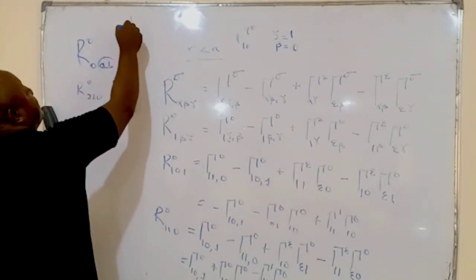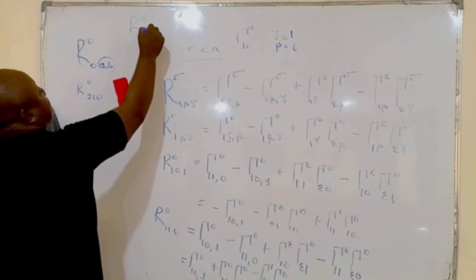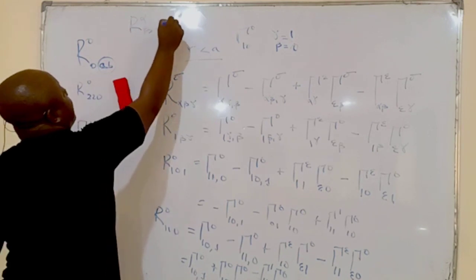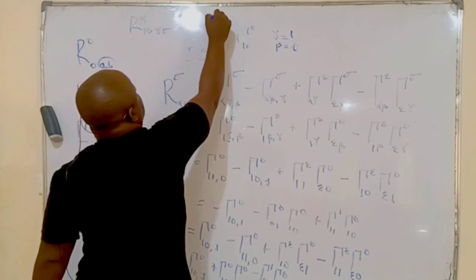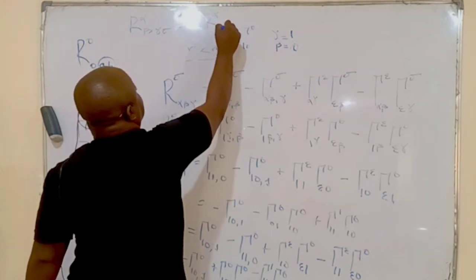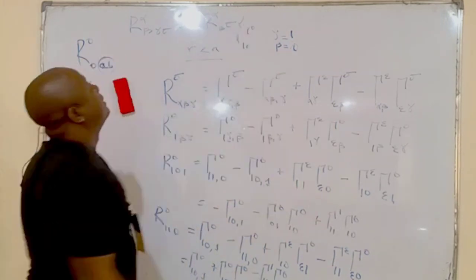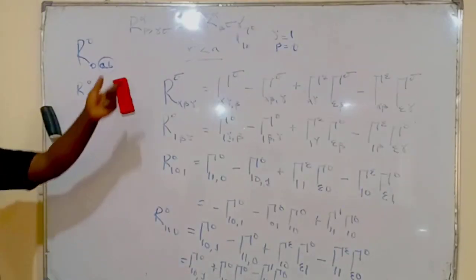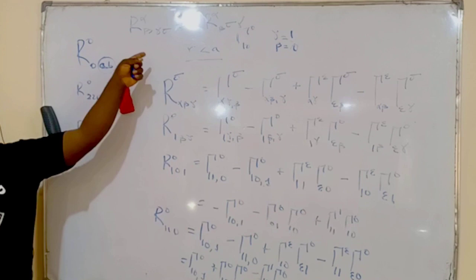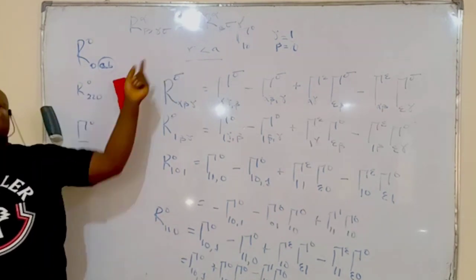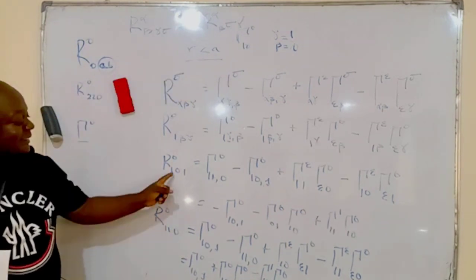That's R alpha beta gamma sigma is equal to minus R alpha beta sigma gamma. It's a property of this tensor. So I was expecting this one to be minus of this one.